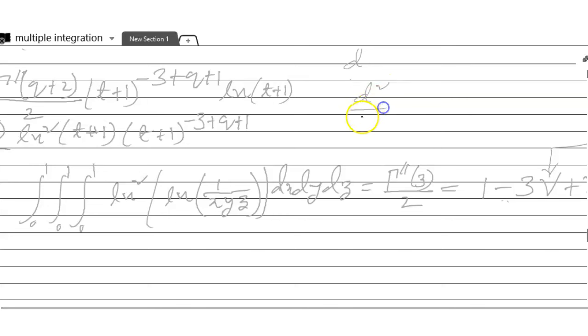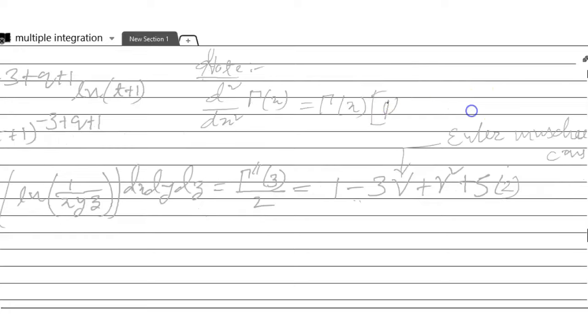The second derivative d square divided by dx square of gamma x, this is a note you must remember, friends: d square gamma x is equal to gamma x times digamma x whole square plus trigamma x.